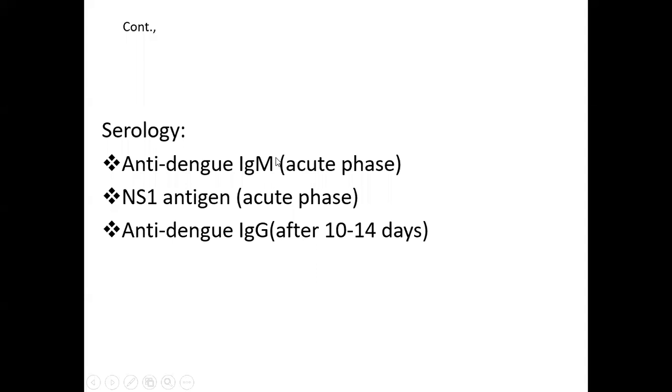So immunoglobulin M is for the acute phase, and anti-dengue immunoglobulin G is for the chronic phase, after 10 to 14 days. Serology is the preliminary requirement for the diagnosis of dengue virus infection.